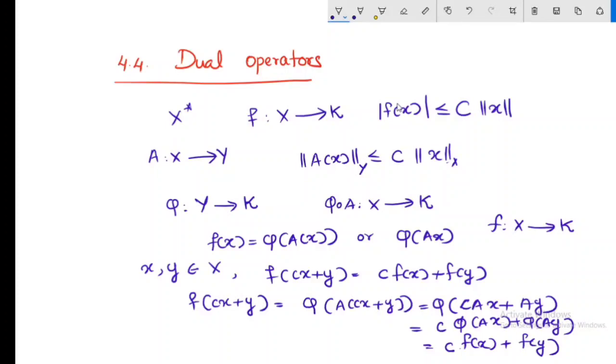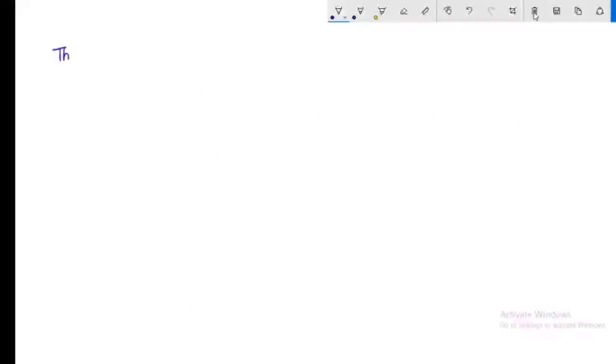This is true for every x, y belonging to X. This implies f is a linear functional on X. Thus, for every phi belonging to Y star, we get an f belonging to X star.